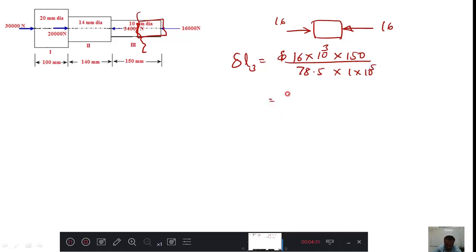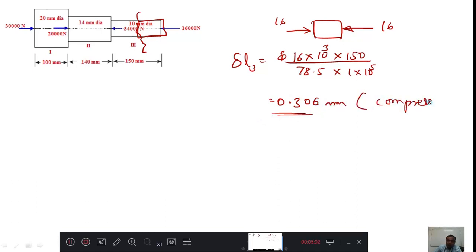That is 16 into 10 raised to 3 into 150 divided by 78.5 into 10 raised to 5. This is 0.306 mm. This is also a compression.